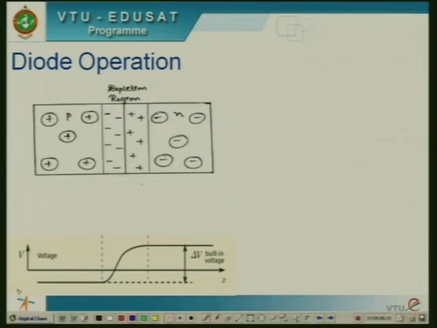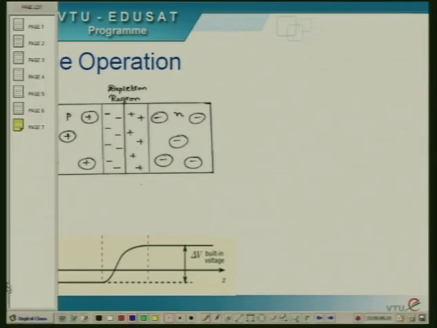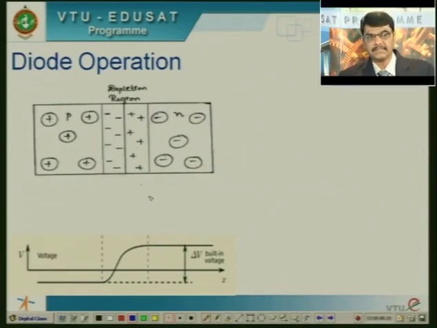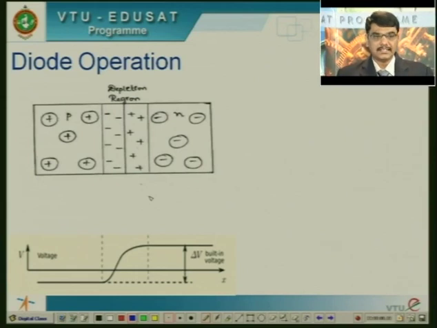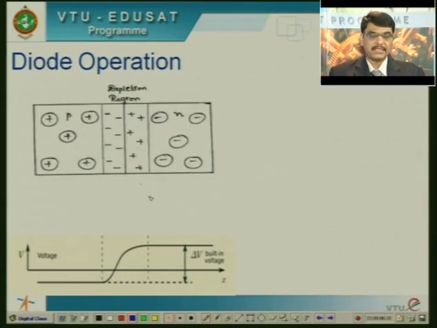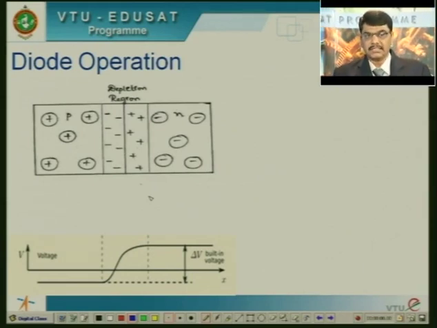Diode operation: consider the PN junction with p-type and n-type charge carriers, with a variation of voltage from negative to positive as shown in figure B, when the diode is open circuited.